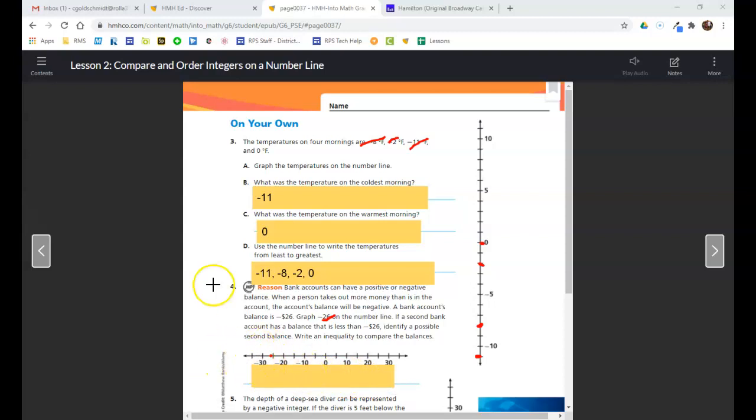So I'm just going to pick -30 since it's right there. And now I need to write an inequality for that. So -30 is less than -26.